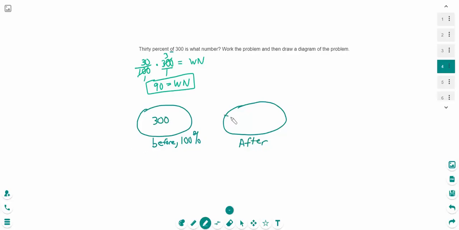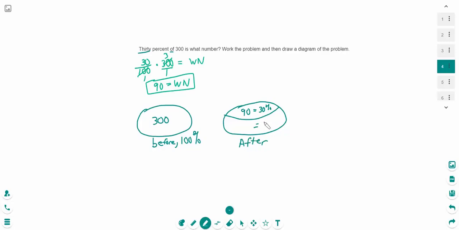And then over here, we're taking that 300 and cutting it up into two groups. The first group is going to have a 90 in it. That's what we know. And that 90 we know is 30%. We figured that out. So 90 is equal to 30%. So down on this lower end, we have to figure this out.